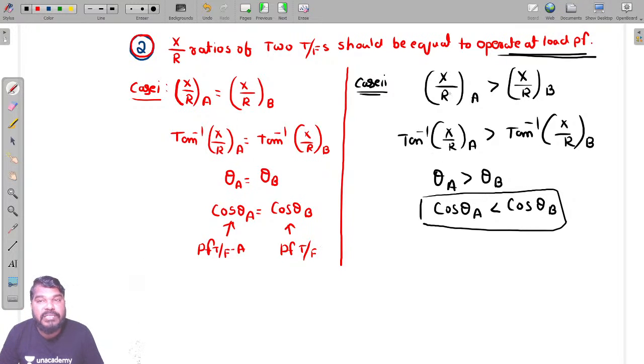The transformer which has the high X by R ratio will operate at an inferior power factor of the load, which is undesirable. That's why it is treated as an undesirable condition.